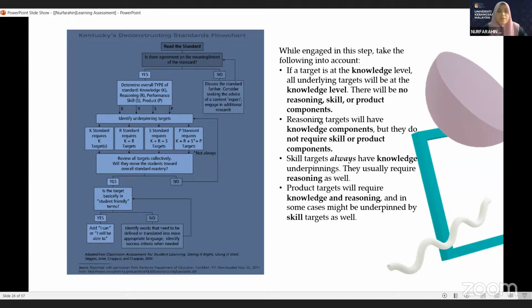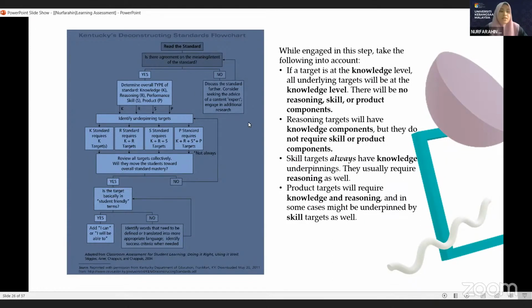So this is a very good flowchart, because it already tells you which type of standard or which type of targets work well with each other. It tells you that you can go for knowledge only. It tells you that if you want to integrate knowledge and reasoning, that will be very good. If you like to integrate knowledge, reasoning, and skills, that will be better. And the last one, you can integrate knowledge, reasoning, skills, and perhaps performance.